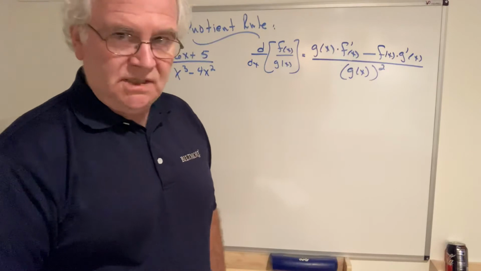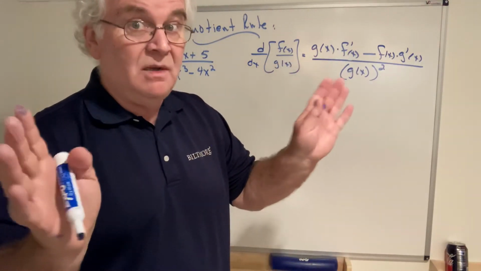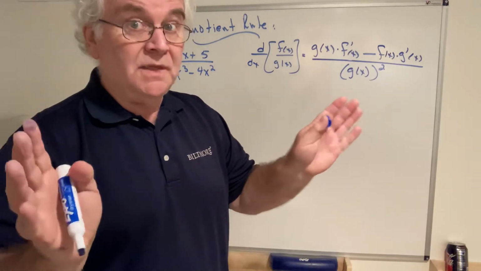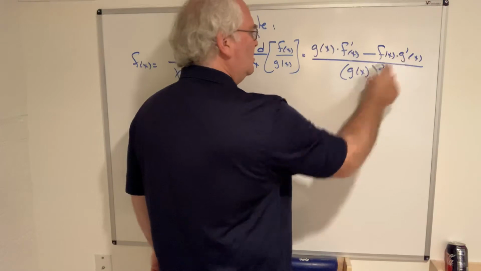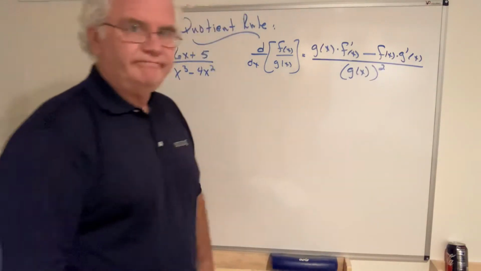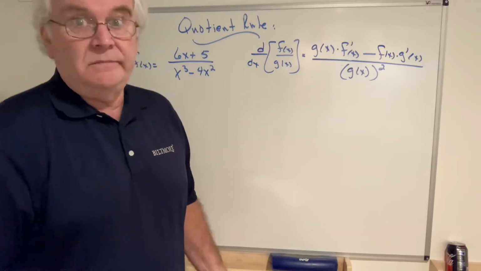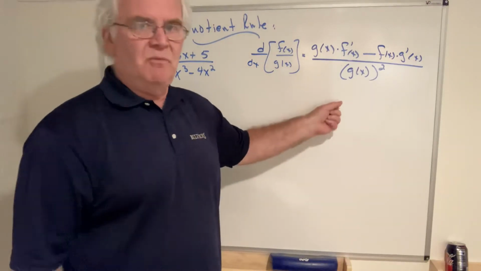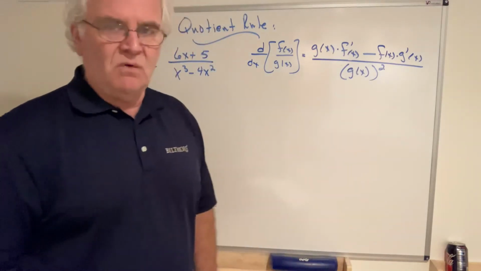I'm telling you this because a student told me this once, not because it's cool. Spoiler alert, this is stupid. If that helps you, wonderful. To me, I just learned the quotient rule: denominator times derivative of the numerator minus numerator times derivative of denominator, all over denominator squared.